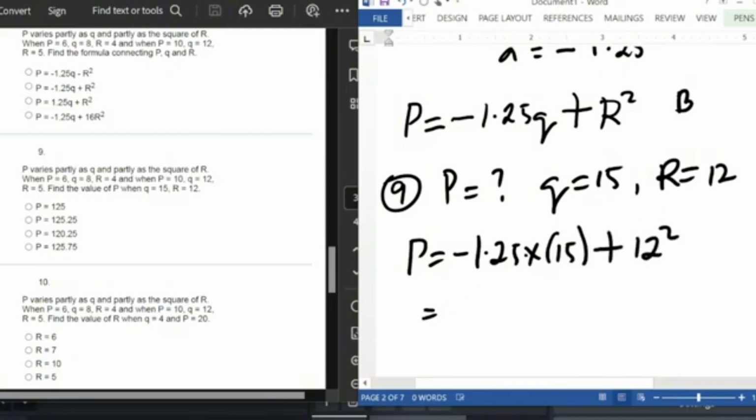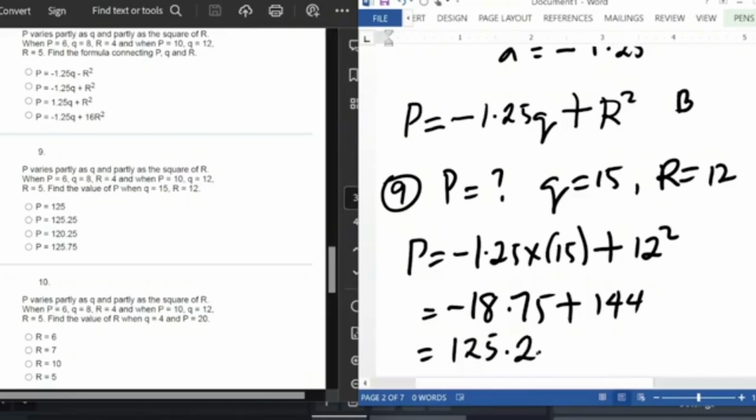So this will give us minus 1.25 times 15, which is minus 18.75, plus 144, because 12 squared is 144. That means 144 minus 18.75 gives us 125.25, and that is option B.